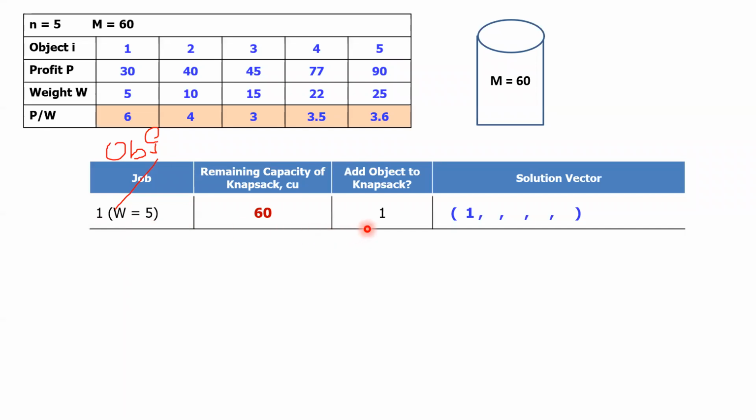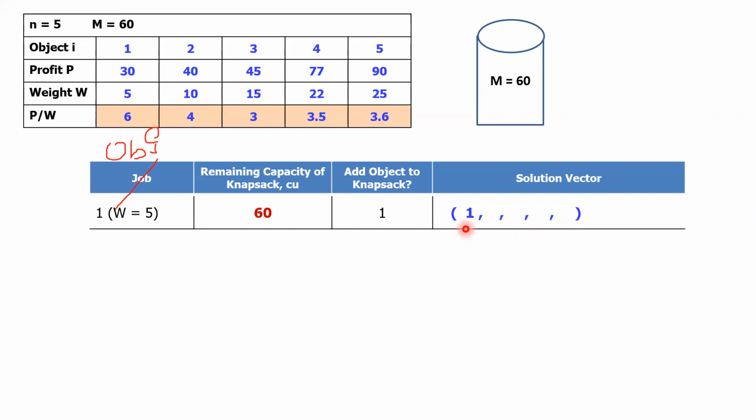So if you have decided that you'll fully fill the item into the bag, then in the solution vector you have to fill a 1. 1 indicates that you are fully filling the item into the bag. Now this 1, you are going to place into the solution vector at this location. You can see that there are 5 places in the solution vector.